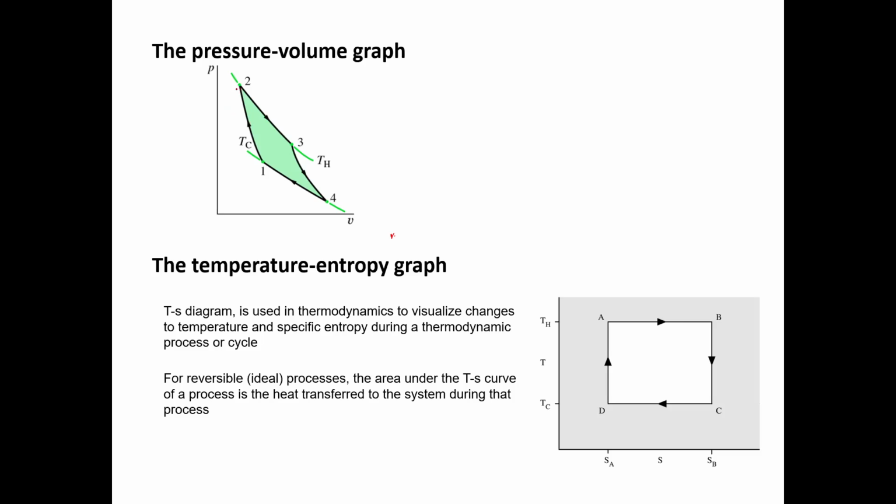So this is basically Q in. If we draw the 2 and 3, all of this is the Q in. And this is the Q out, all of this is Q out, and this is the net work out.